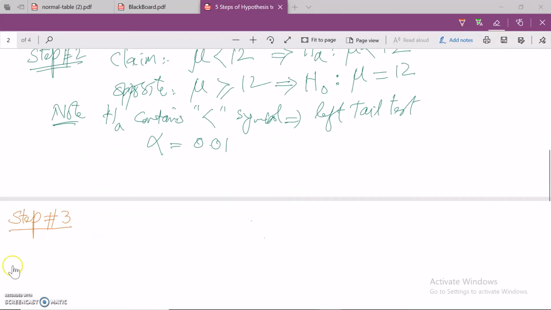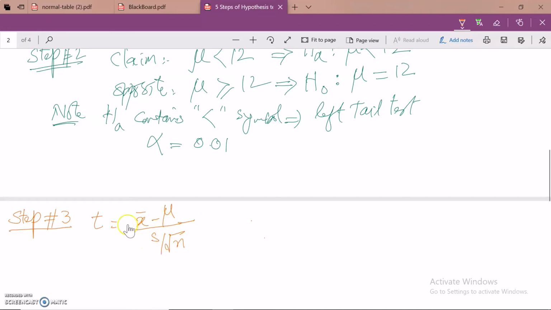So now we are in step 3, and what we do in step number 3 is find the value of the test statistic. Fortunately we have the formula for this. T equals x bar minus mu divided by S over the square root of the sample size, right?